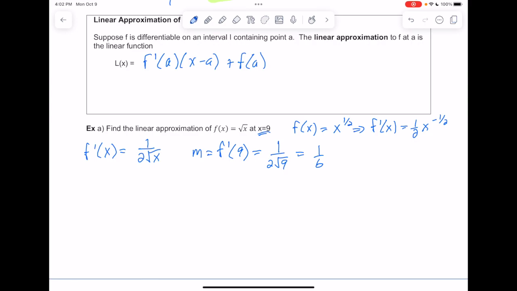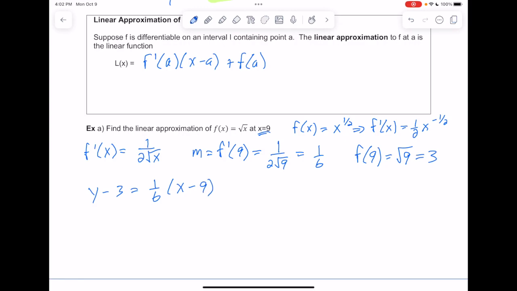How about the y value? Plug that 9 into the original function, and you just get the square root of 9, which is 3. So if we just found the regular equation of our tangent line, we would do y minus the y-coordinate, which is 3, equals the slope, which comes from the derivative and is 1/6, times x minus 9.